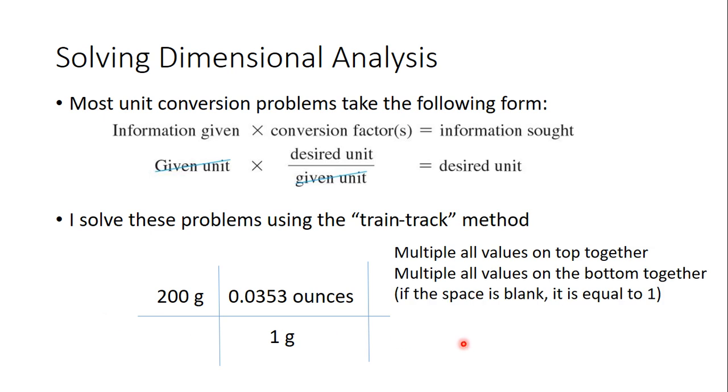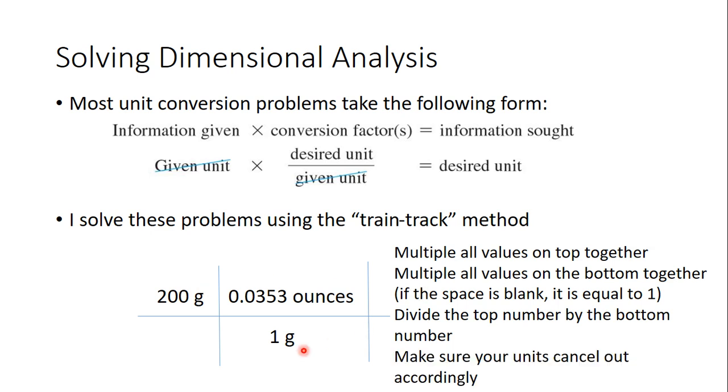Then for all the bottom values, you multiply them together as well. Note that this is a blank spot, so we're just going to assume that is 1. Then you divide the top number by the bottom number, and your units should cancel out. So what I mean by that is we have grams on the top and we have grams on the bottom. So grams will cancel out.